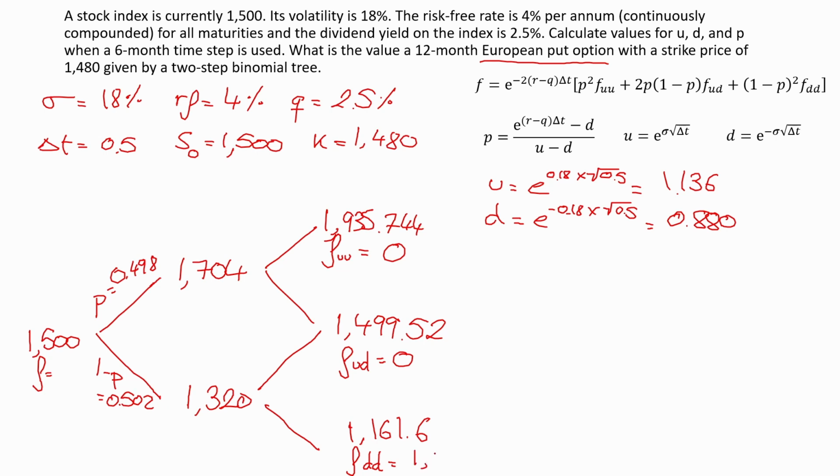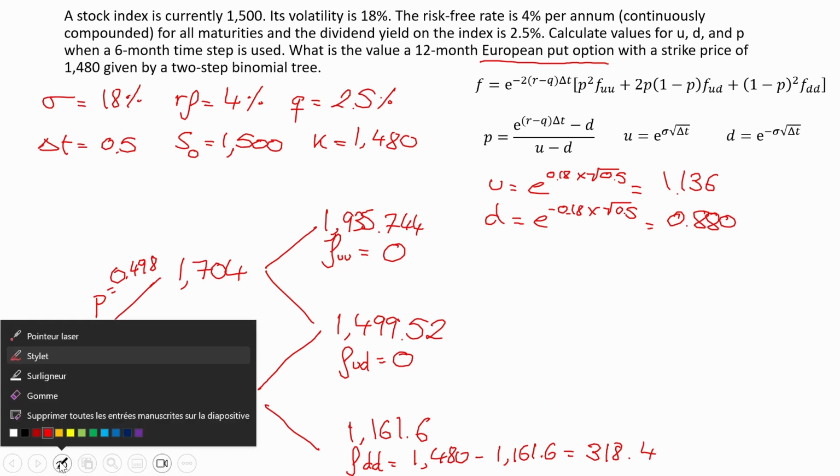So to be more precise, the investor in this case is making 1,480, the strike price, minus the stock index price, which is 1,161.6. Okay. And this gives us 318.4.